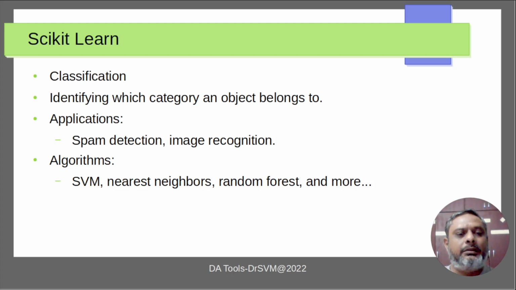So when the question of spam detection comes, we want to detect whether the mail is spam or not spam. Of course, we need human intervention before deciding what is spam and what is not spam.